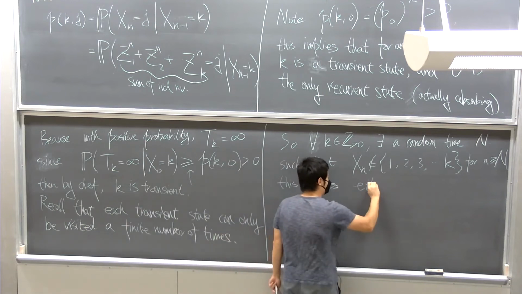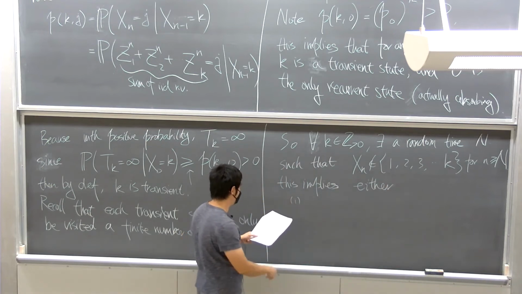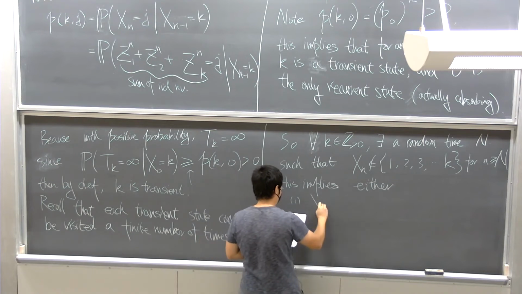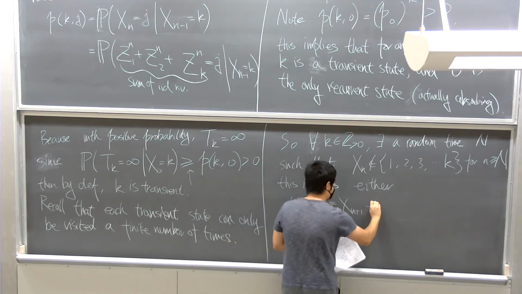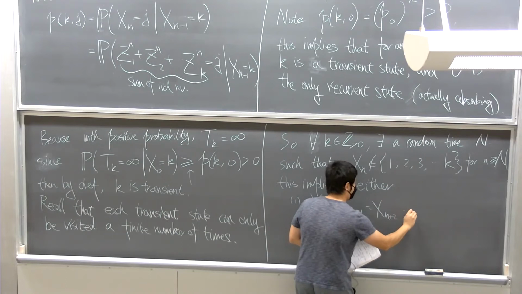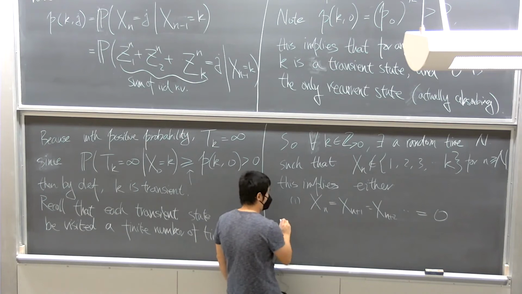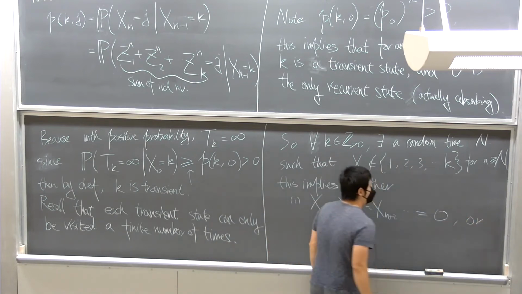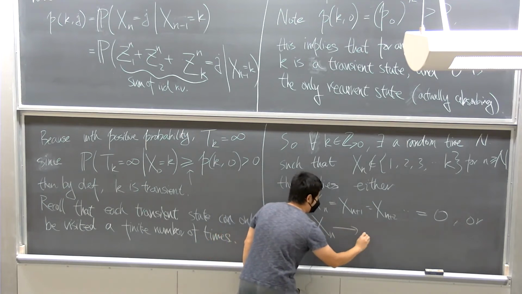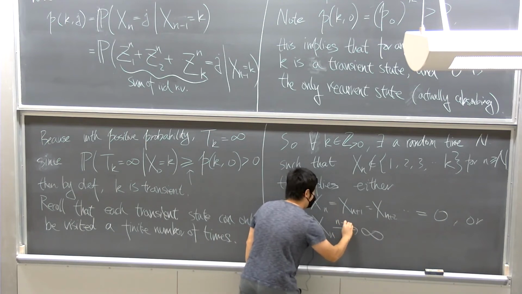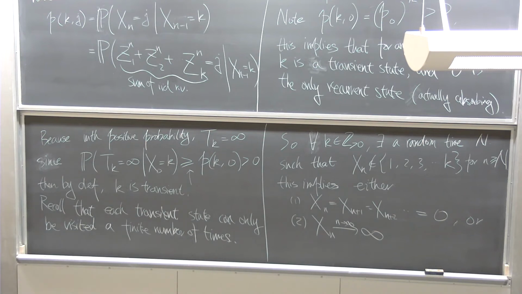Either the first case, in which X_N equals X_{N+1} equals X_{N+2}, and so on, are all equal to 0, or the second case, in which X_n goes to infinity as n goes to infinity. Maybe I'll take a quick pause here.